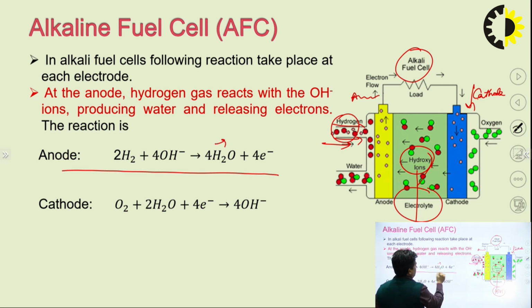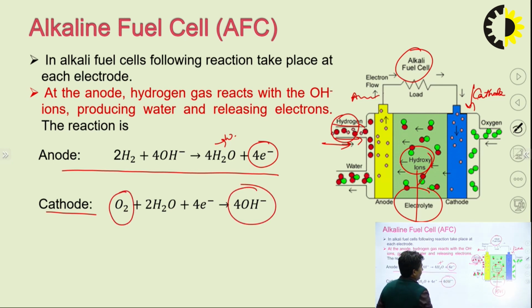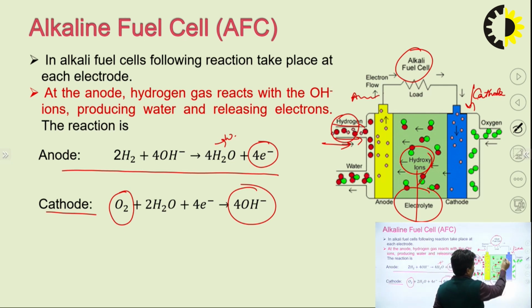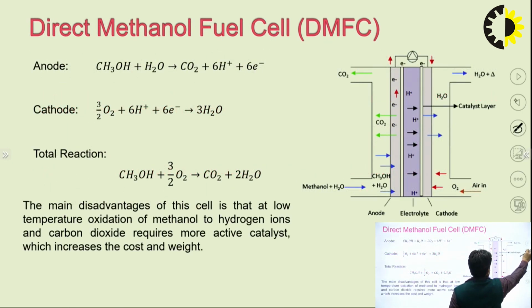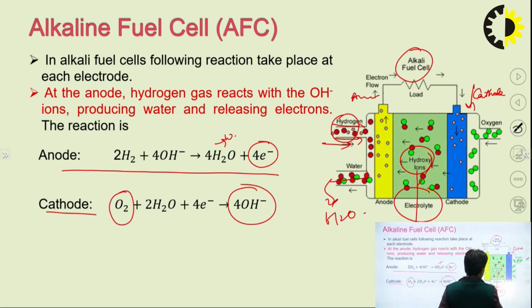They generate water molecules and electrons, and these electrons combine at the cathode, where they generate hydroxyl ions. This chemical reaction continues, generating water, which can be removed outside, and the electrons move through a circuit and generate the power.